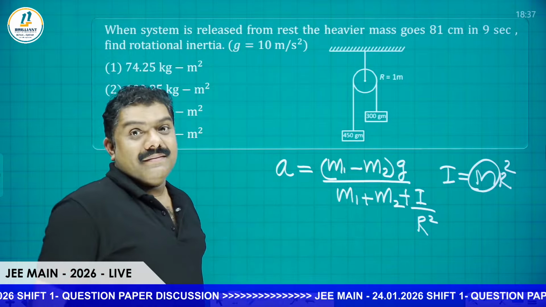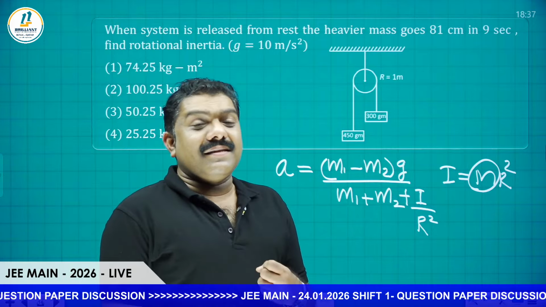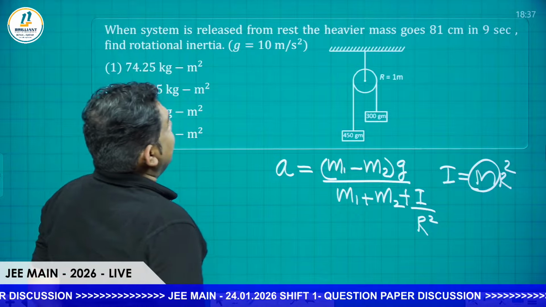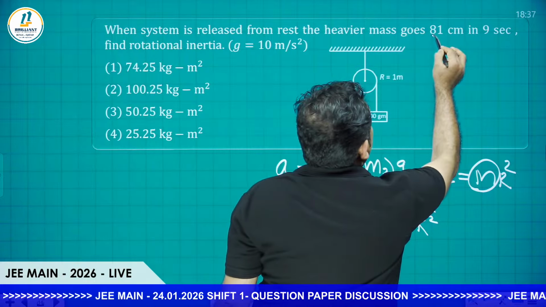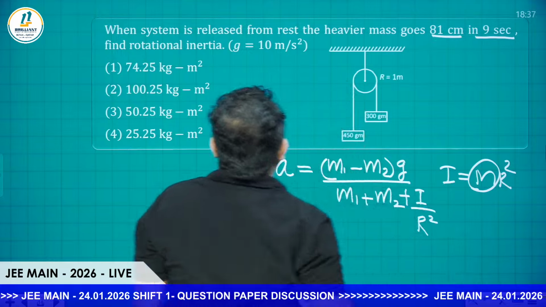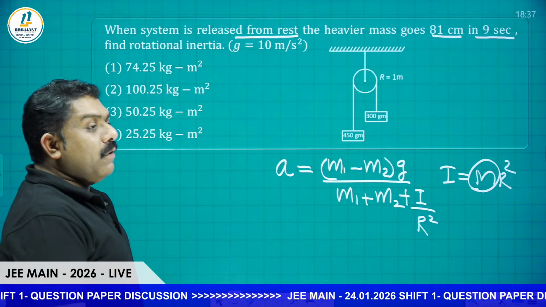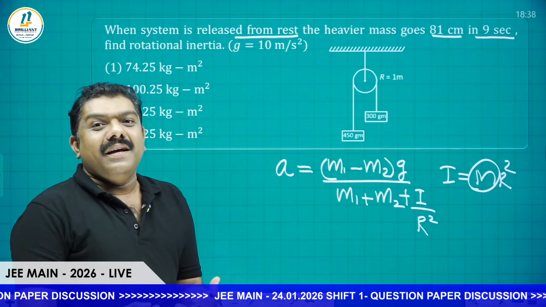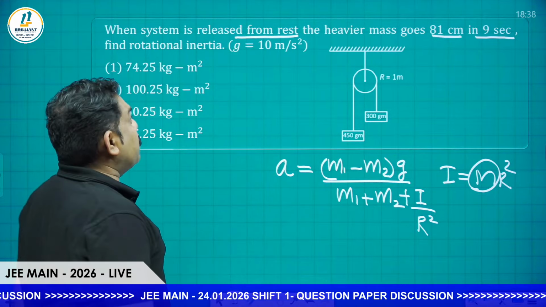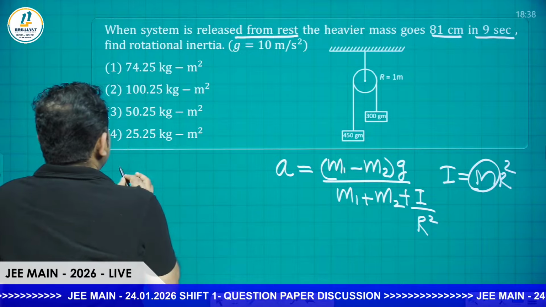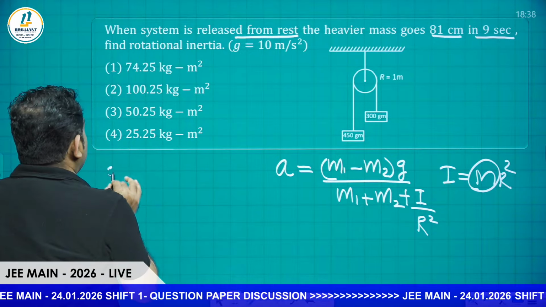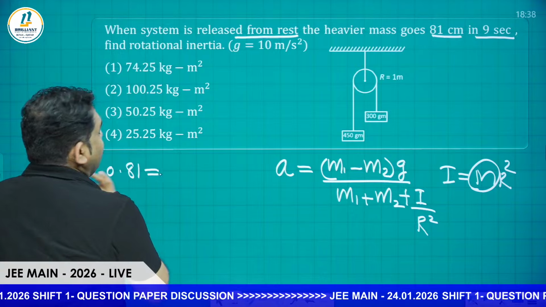So that is acceleration. But in order to find this acceleration, what is the data given here? It travels 81 centimeter in 9 seconds and it started from rest. So we have the formula S is equal to ut plus half at square. Substituting the values, S is equal to 81 centimeter, which means 0.81.